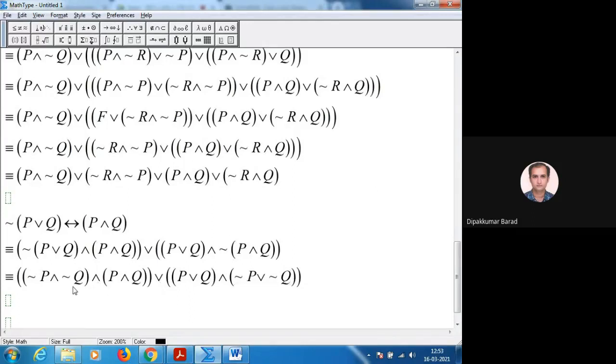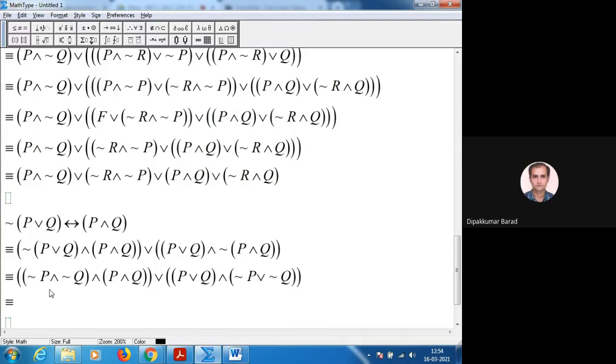Okay, and first of all, how can we simplify this? So here we have AND. So I can write this as not P and P and not Q and Q, as we have all are AND. Okay, see this all are AND, so I can write this as not P and P and not Q and Q. But now not P and P means false.